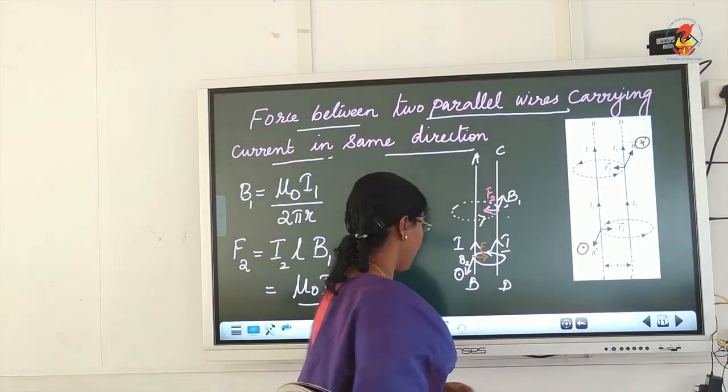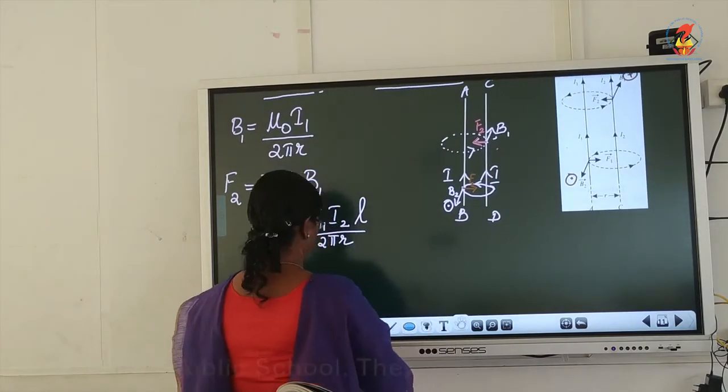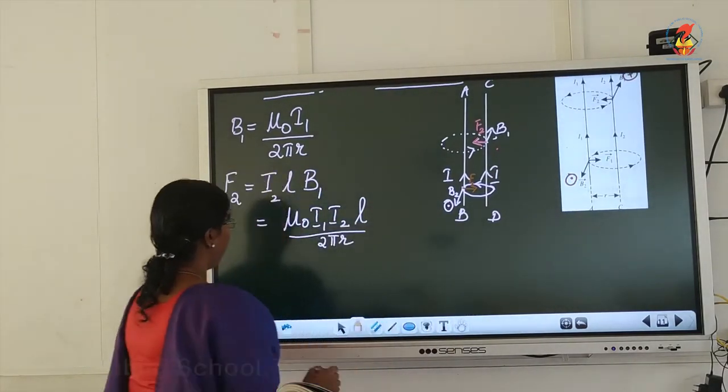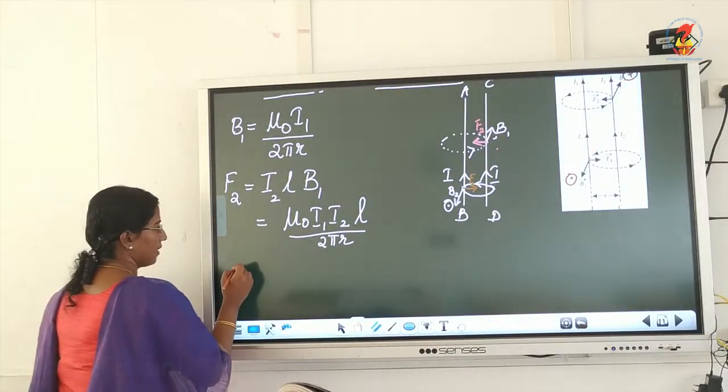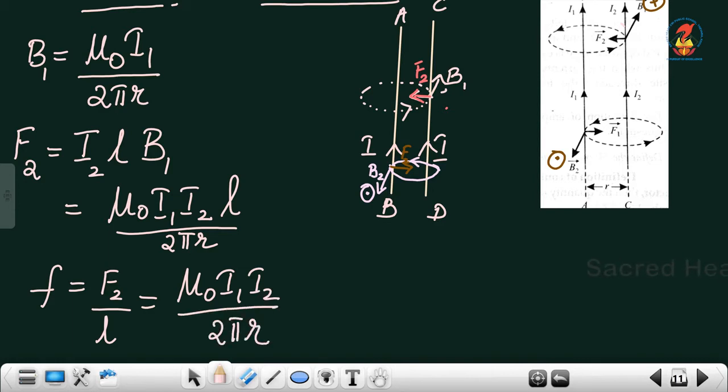Okay. And the expression for force per unit length is F is equal to F2 by L, which is equal to mu 0 I1 I2 divided by 2 pi r.